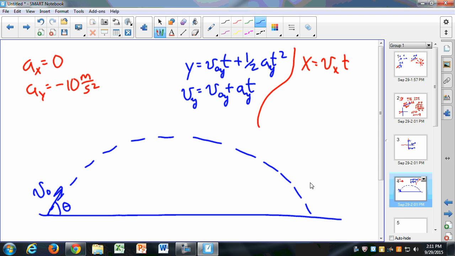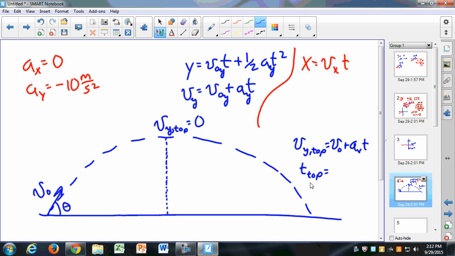Remember, if you don't know the time, then you can always find the time by looking at the y velocity and realizing that the velocity in the y direction at the top of this trajectory is equal to 0. All right? So if I don't have the time, I can say, well, Vy top equals V naught plus AYT, and then solve that for T top.